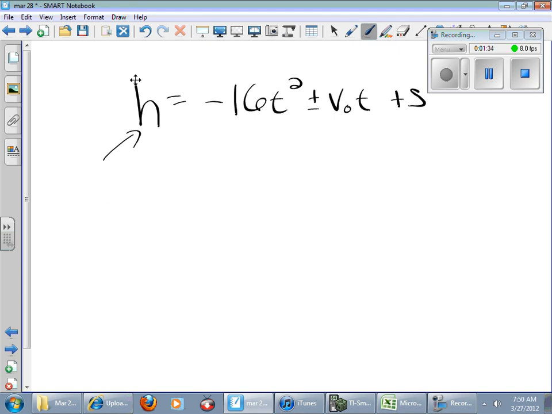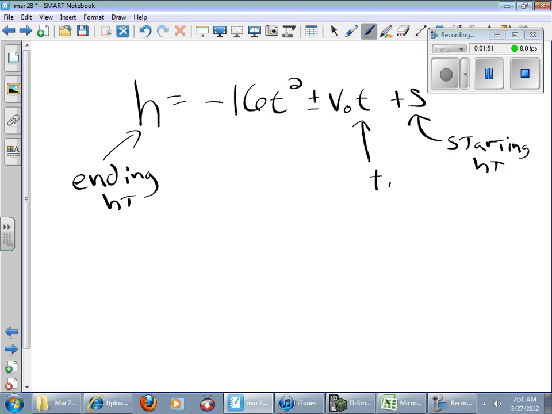Excuse me, silly me, this is your ending height, and that's why we so often want it to be 0. s is your starting height. t is time, and we're in seconds. Now, if we were given a velocity that wasn't in feet per second, maybe it was in miles per hour, we would have to convert it. And then this is my initial, meaning beginning, velocity.